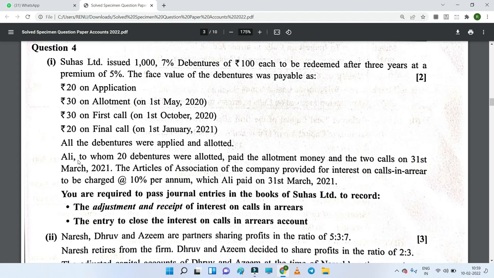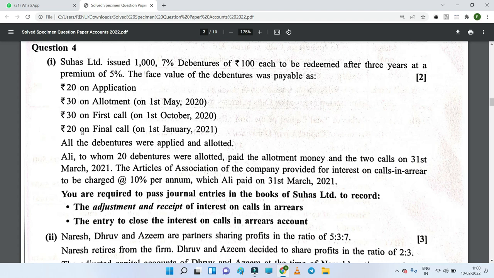But in the question it is mentioned that Ali, one of the debenture holders holding 20 debentures, failed to pay the 2 calls. Ali paid the allotment money and the 2 calls on 31st March 2021. So he has not paid all 3 amounts on time.